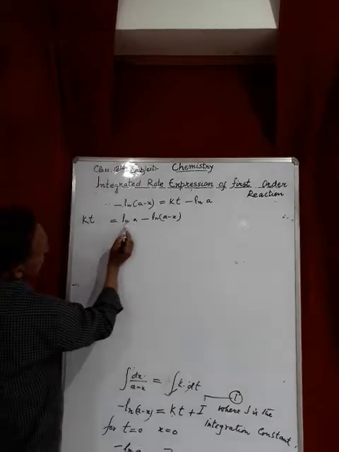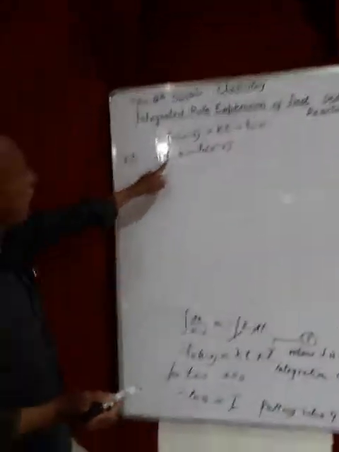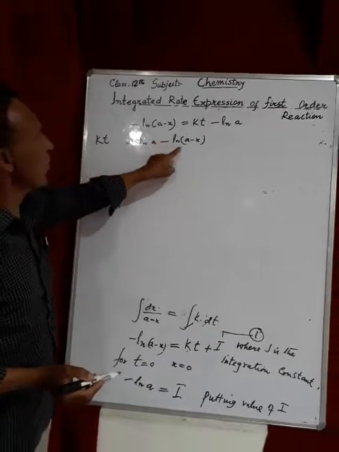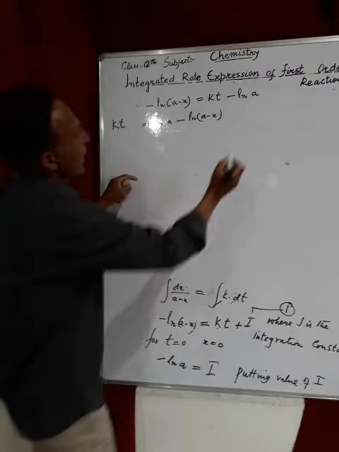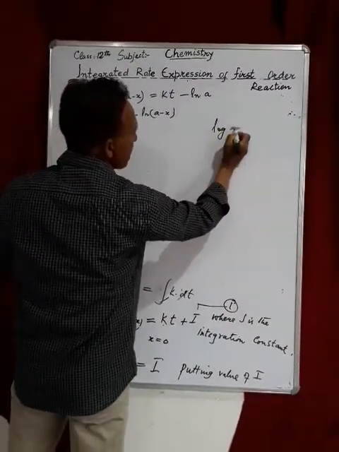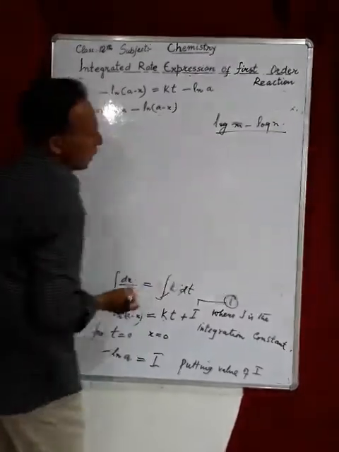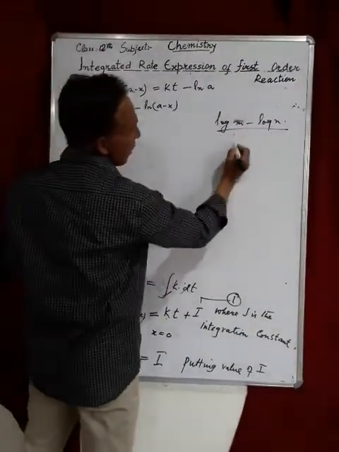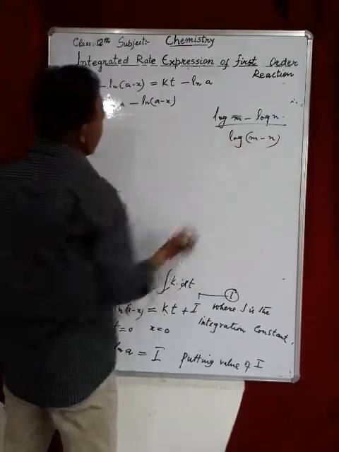Log natural A minus log natural A minus x is just like log m minus log n. We have the formula: log of m minus log n is equal to log of m by n.